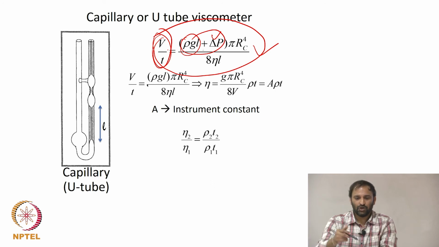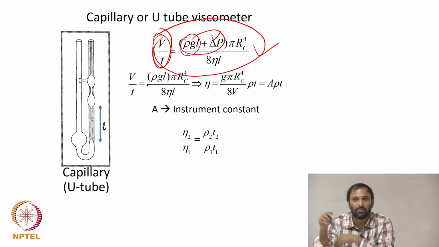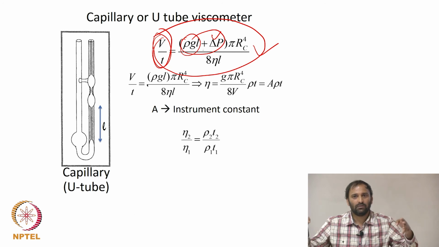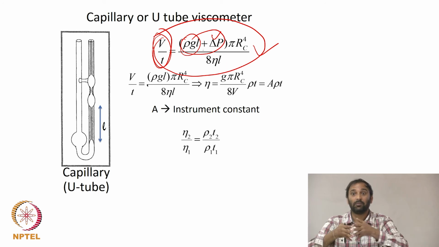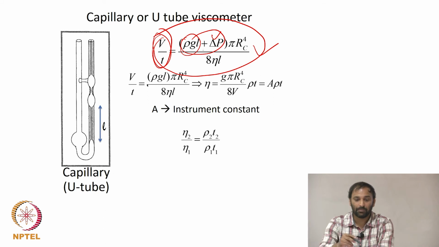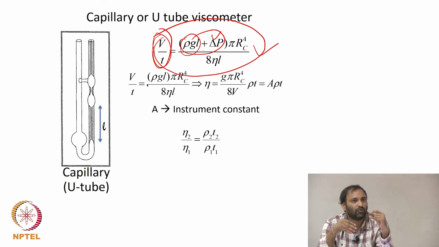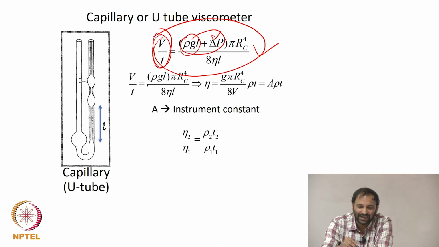When you're working with pipes that are really large, when the length of the pipe is large, the pressure drop across the pipe becomes appreciable. But when you're working with a capillary, with small distances, I can neglect that and say the pressure drop comes purely from hydrostatic effects.